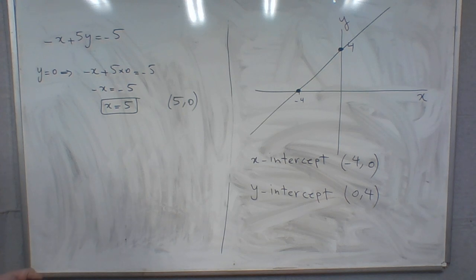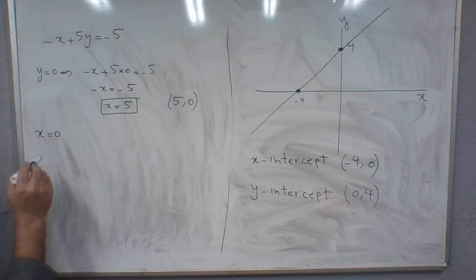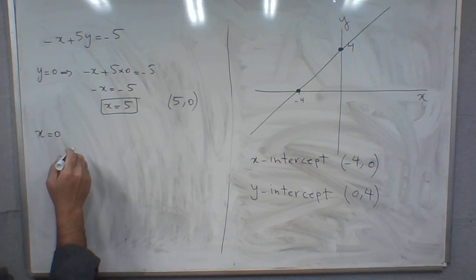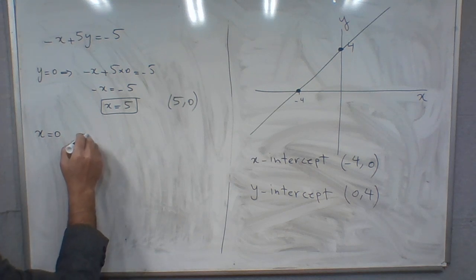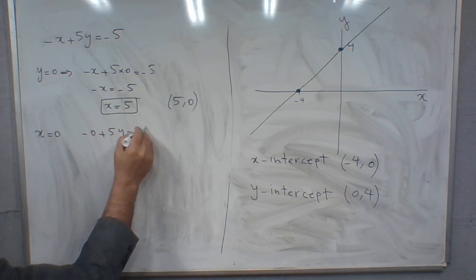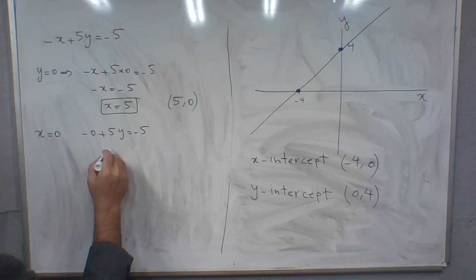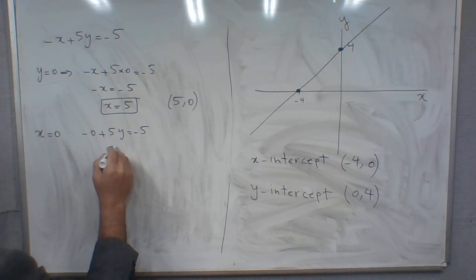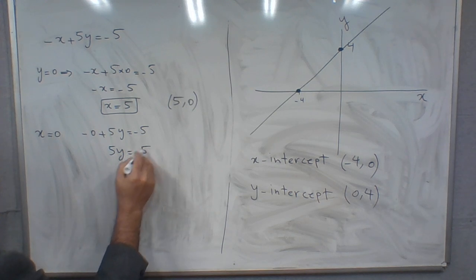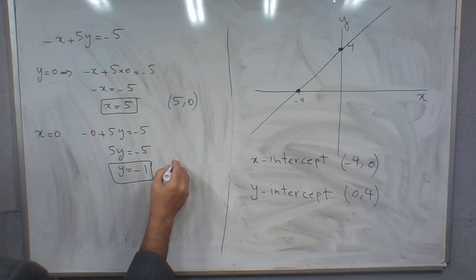And then for the y-intercept, we put x equals 0. So negative 0 plus 5y equals negative 5. So we have 5y equals negative 5. So y equals negative 1. So the y-intercept will be 0 and negative 1.